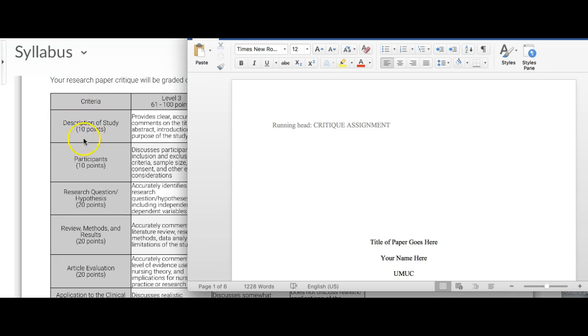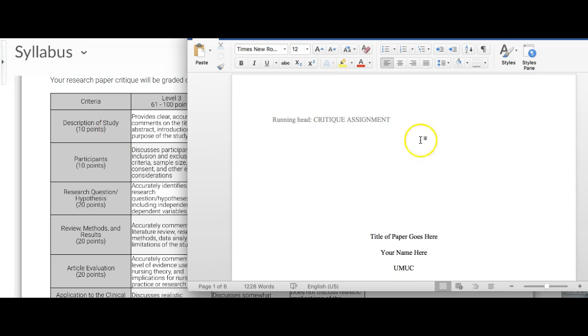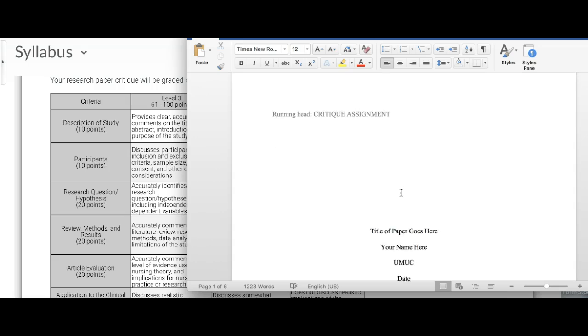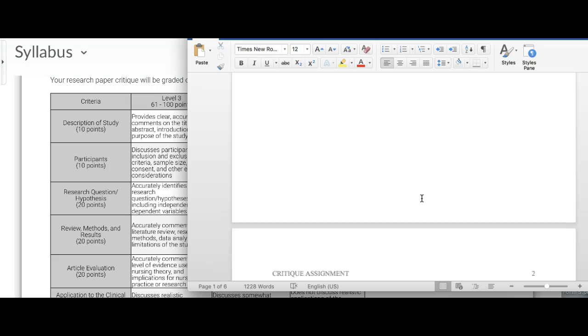You see the first section of this rubric says description of the study. I've set you up in this critique sample paper with a cover page in APA format, so you can simply save this paper with your own name on it and use it for the format for your APA papers in this class. So you're going to fill in this first page, the cover page.